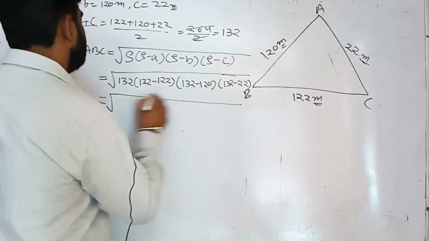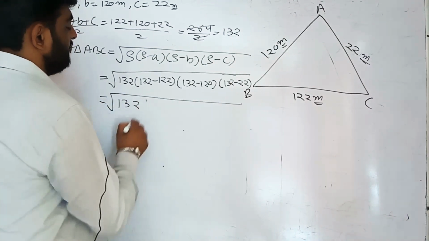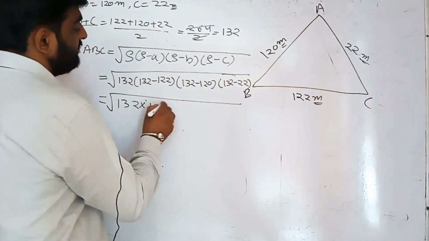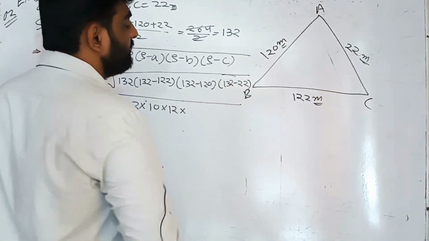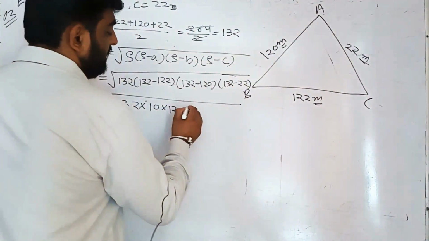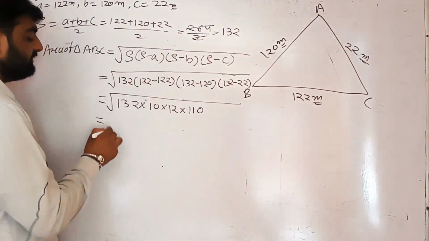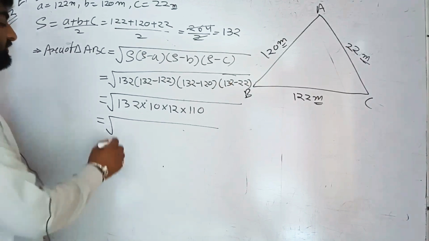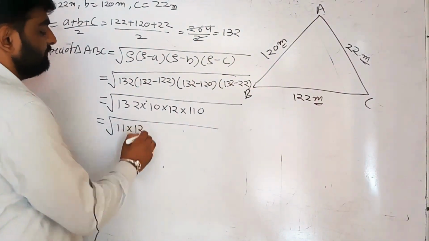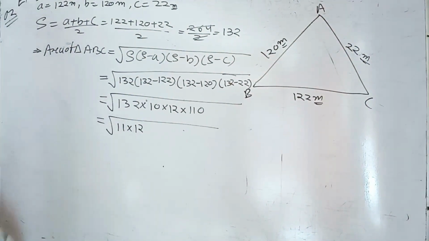That gives 10, 12, and 110. So if we solve it, 132 is 11 into 12.